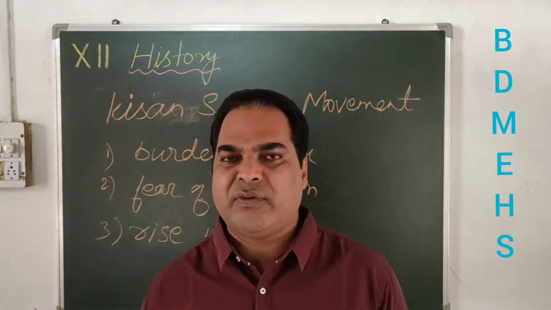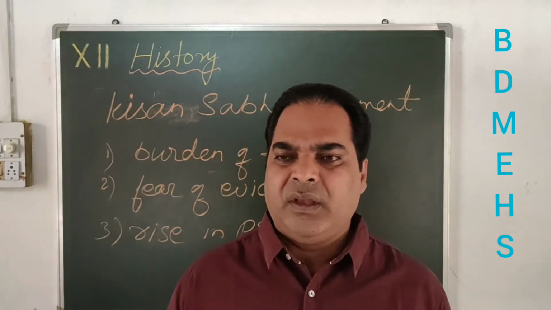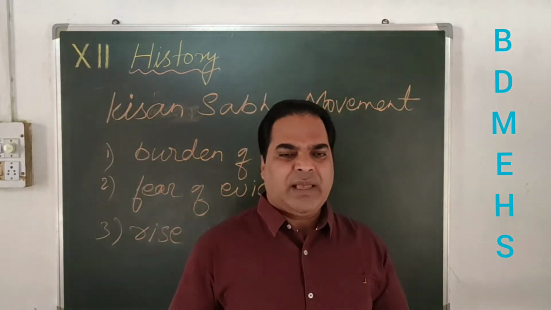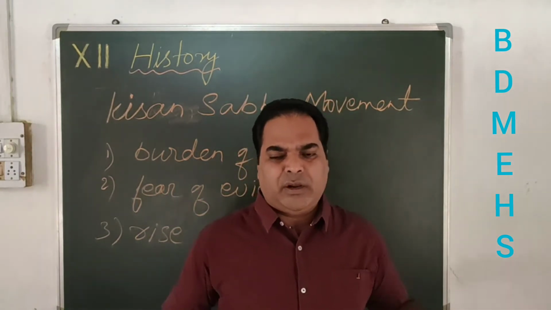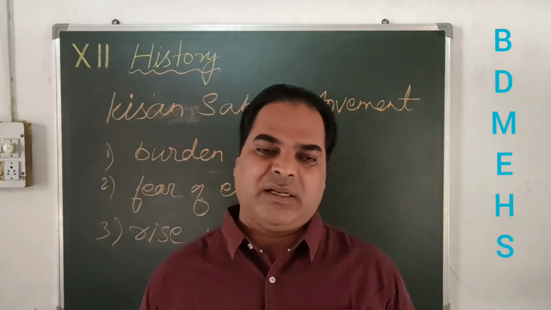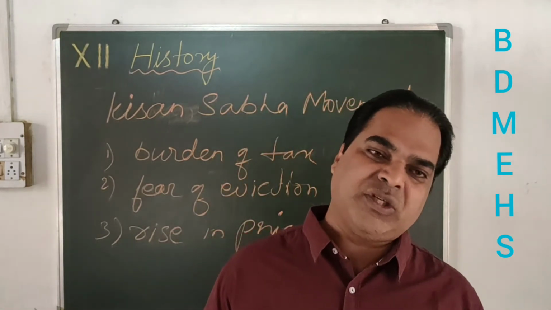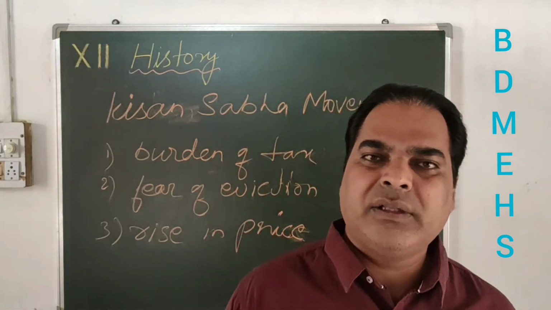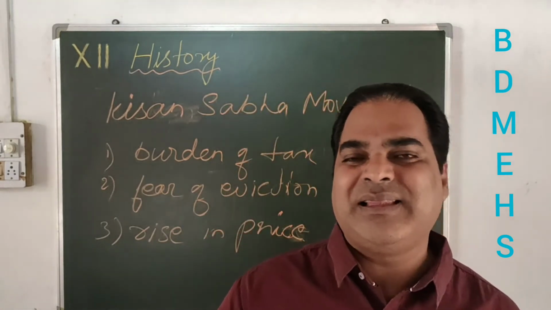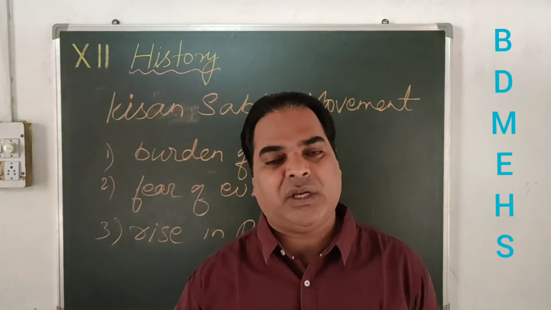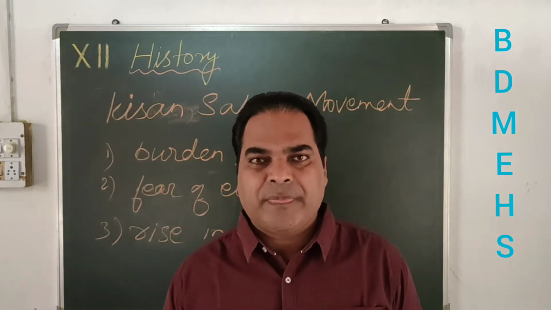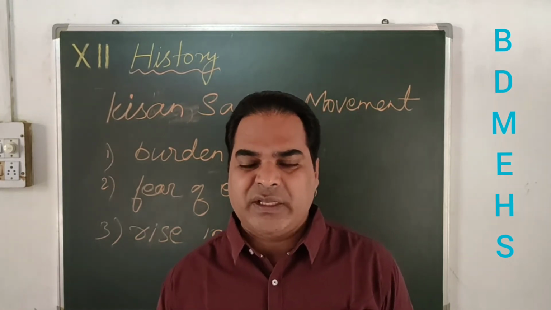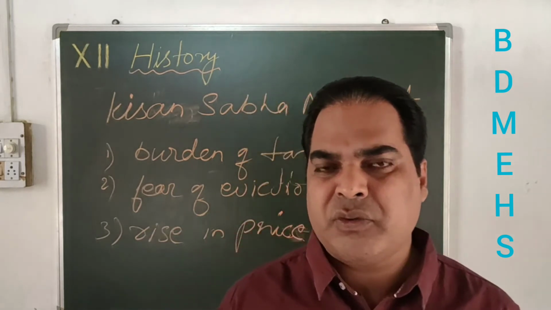The peasants were suffering a lot from their own problems, and on top of that, the administration was very brutal to them. That is why they did all this. Due to the Chauri Chaura incident, Gandhiji withdrew the Non-Cooperation Movement.